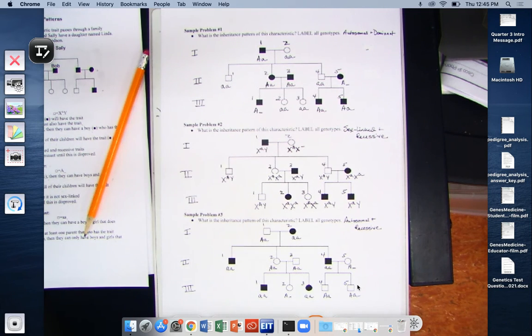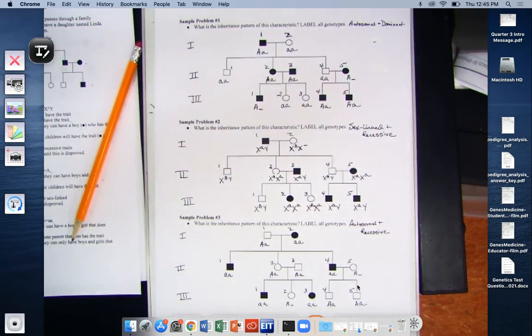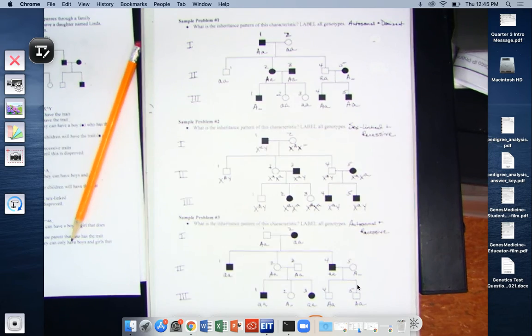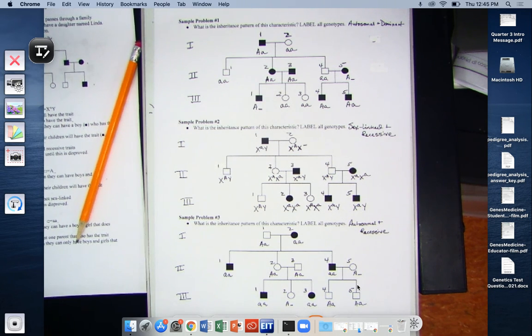So a little hard to get to focus. But that is your completed notes page for problem.